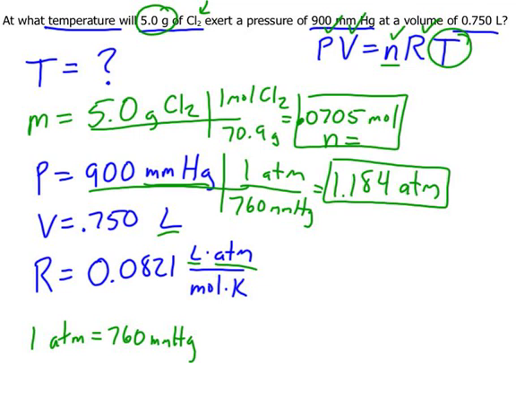So I'm going to divide both sides by n times R. These cancel, and I get temperature equals PV over nR. So let's start plugging these in.